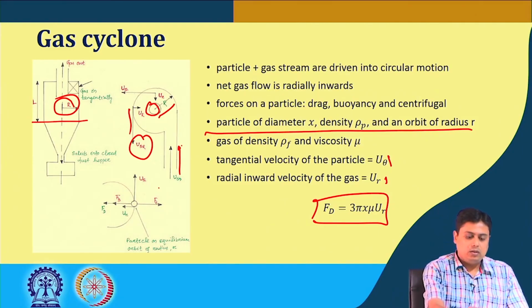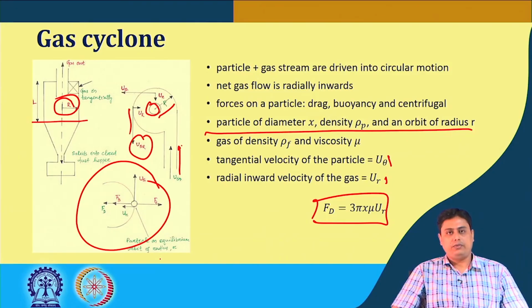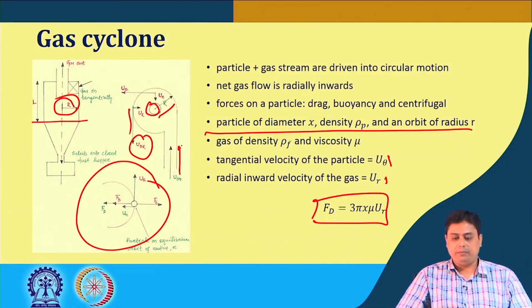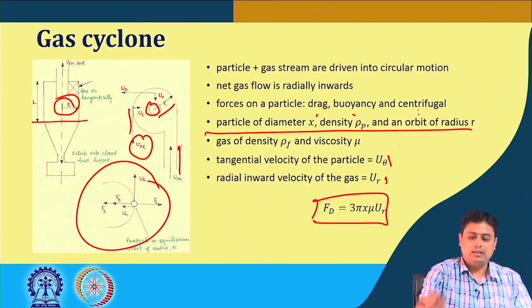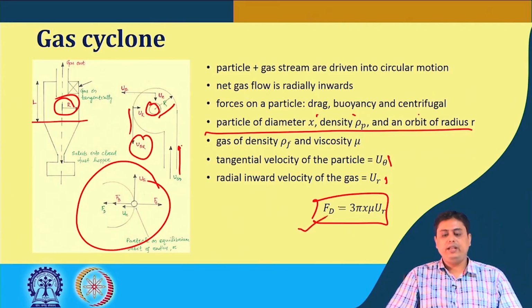So, in this scenario, the particle is on an equilibrium orbit of radius r, where the drag force, buoyancy force and centrifugal force are in equilibrium. Fd is 3 pi x mu u r.